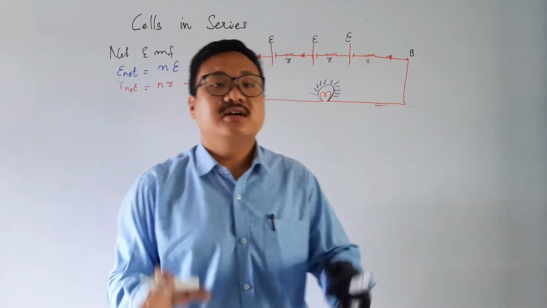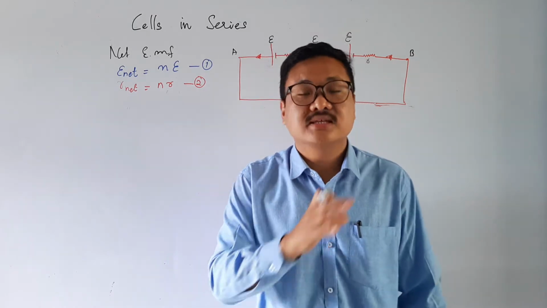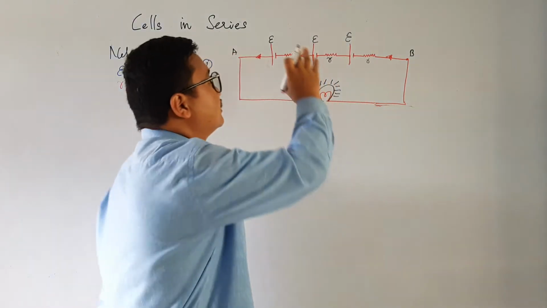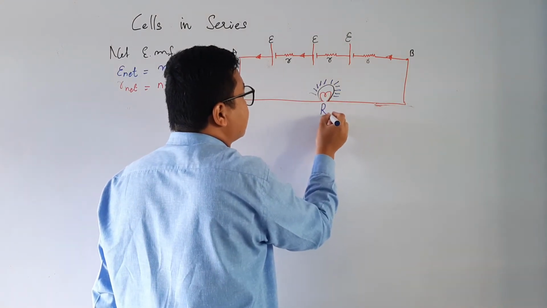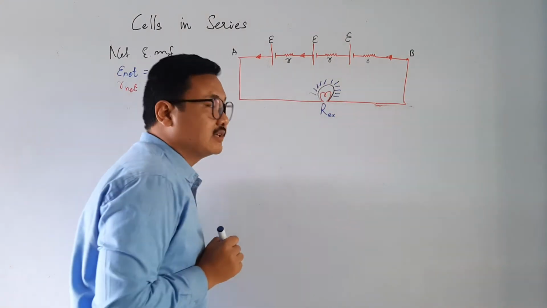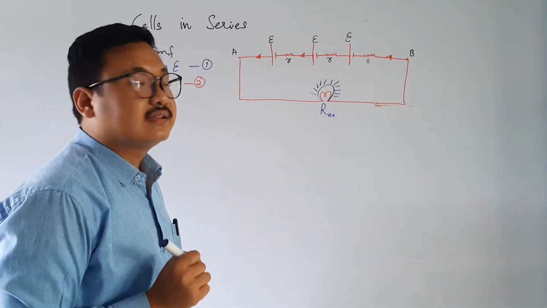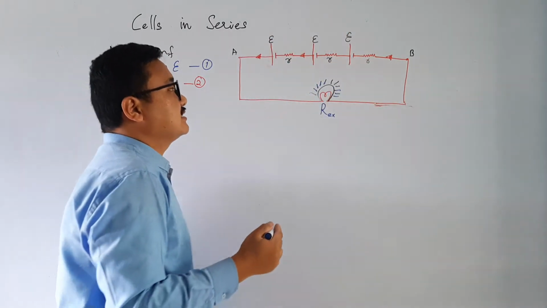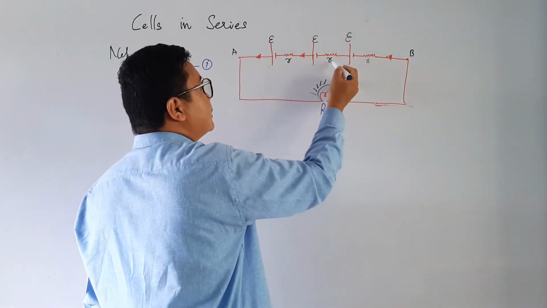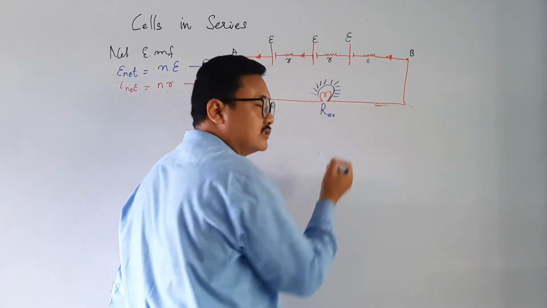It is not the internal resistance. This is external resistance connected with these 3 cells, and it has the external resistance, say capital R EXT.